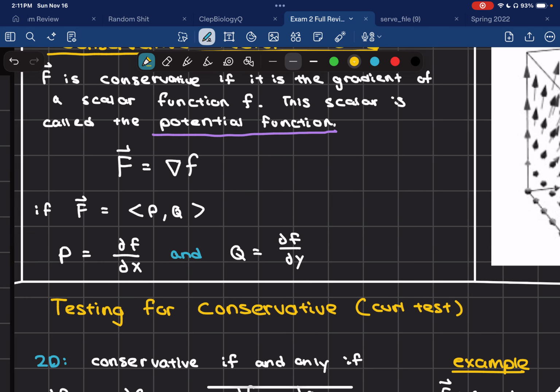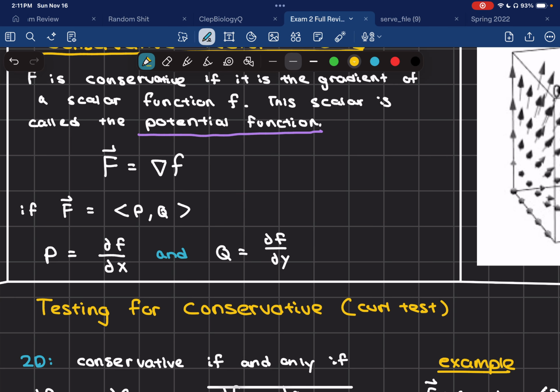The vector f is equal to components p, q, where p is the partial derivative of the function f with respect to x, and q is the partial derivative of f with respect to y. Remember, in this case, the vector f is just the gradient of f.